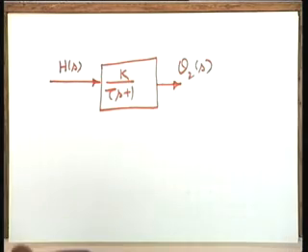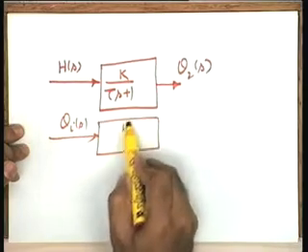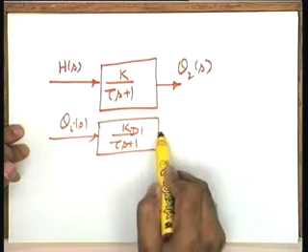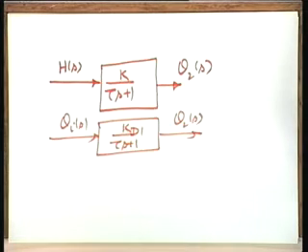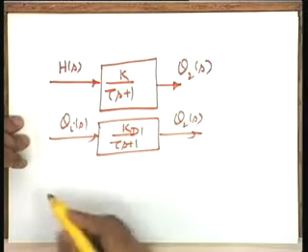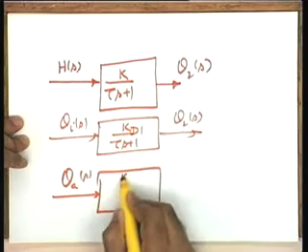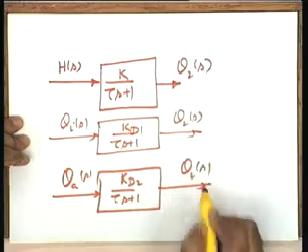If you take your disturbances to be 0, this becomes the plant model. And if you are writing a model between θi(s) and θ2(s), it is Kd1 over (τs + 1), with θ2(s) as the output here. And for the θa(s) variable, because all of them are inputs, it is Kd2 over (τs + 1), and this is my θ2(s) variable here.